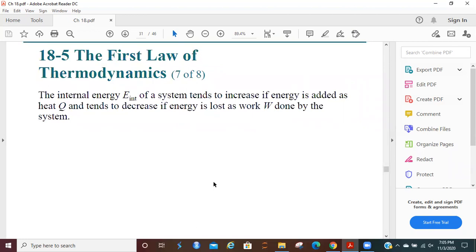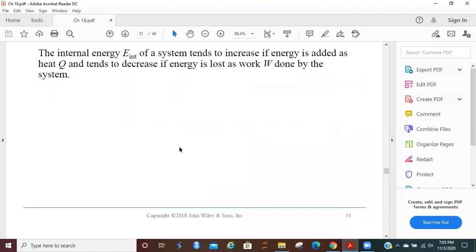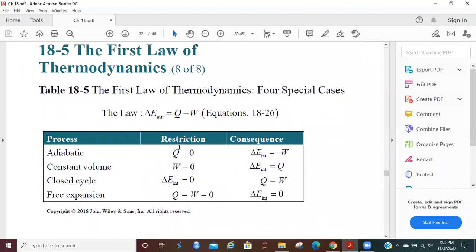In other words, the more work the system does, the more the internal energy tends to decrease. If you add in more heat, then the internal energy of the system is going to increase. Seems kind of obvious when you look at the formula there, but all right.